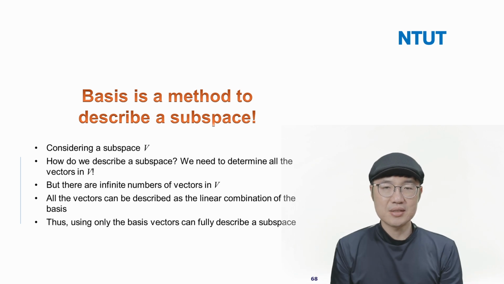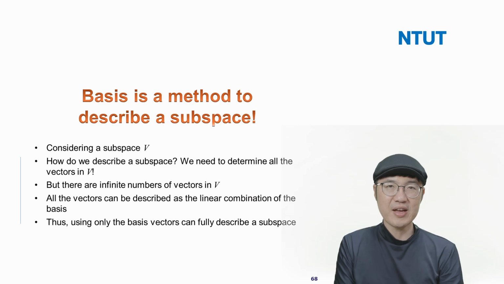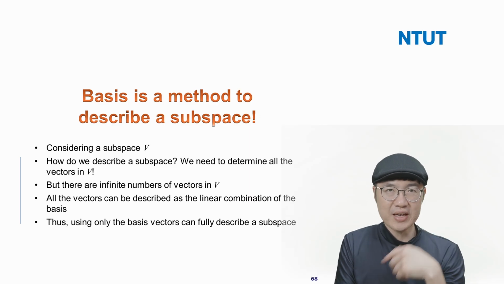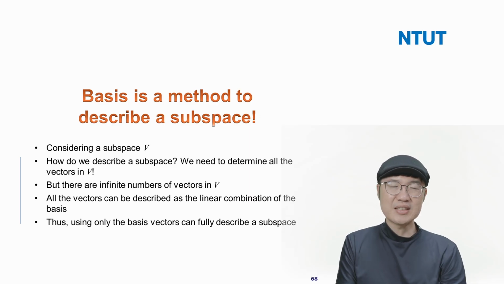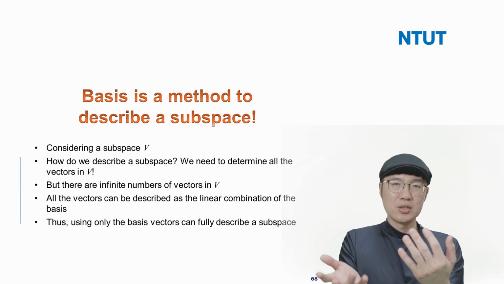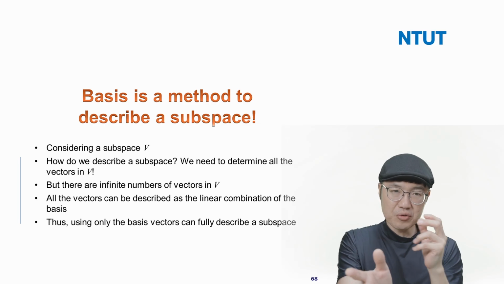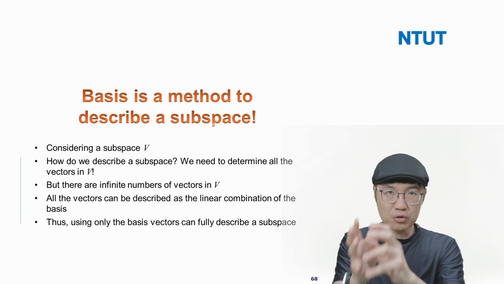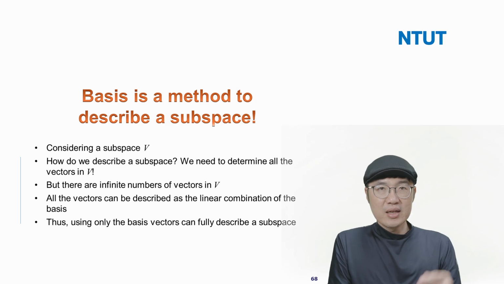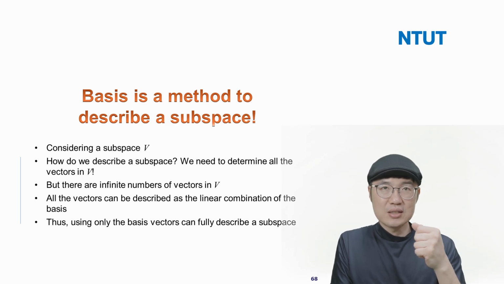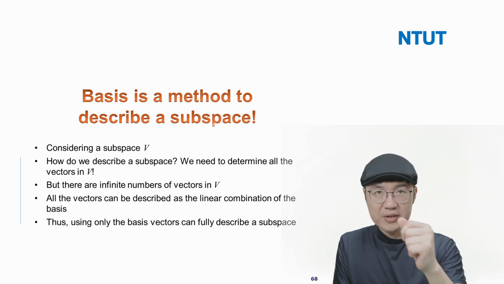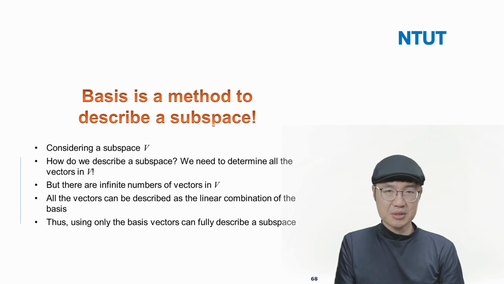In a subspace, there are just too many vectors. There are countless vectors if you treat them as individuals. But if you can determine the basis that is correct for this subspace, the linear combinations, the span of these vectors, is that subspace.